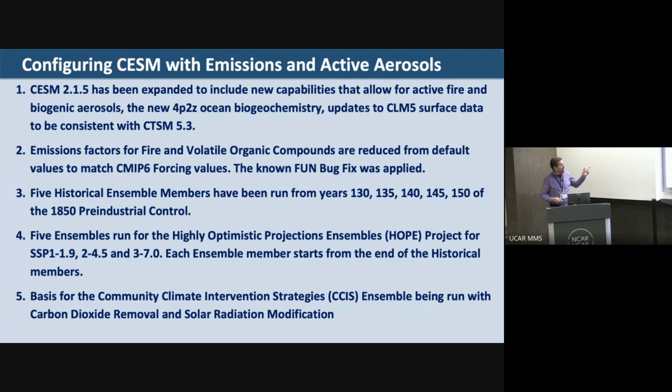From that, we have 5 historical ensemble members, which we took from a pre-industrial spin-up. So we branch off at 130, 135, 140, 145, 150 years into this pre-industrial spin-up.